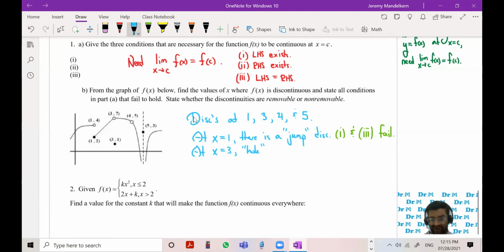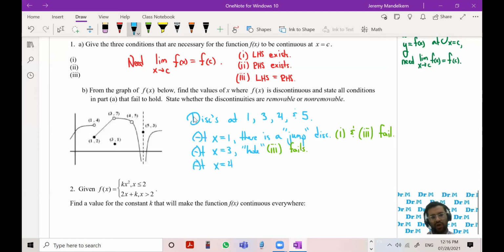So I is fine, II is fine as well, but the III statement fails. It's good to understand here why we don't have continuity. So this fails.